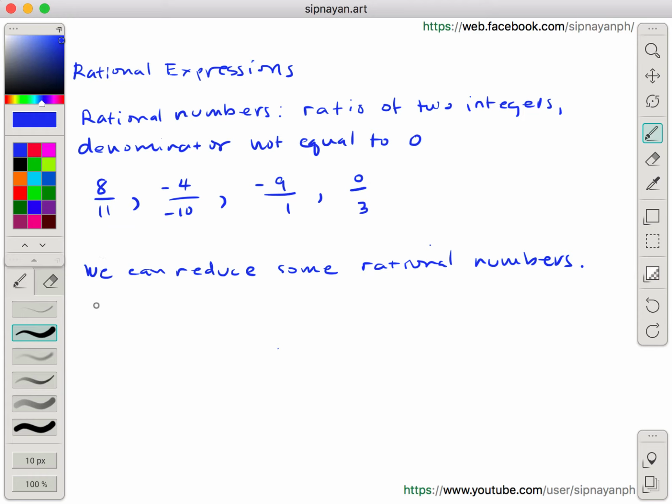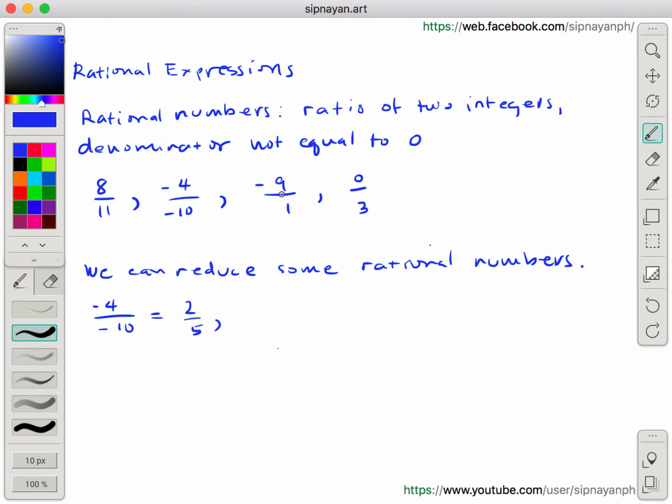So, for example, yung negative 4 over negative 10, you can reduce or simplify. Magiging 2/5 siya, di ba? Divided by negative 2, yung both the numerator and the denominator. So, negative 4 divided by negative 2 is 2. And then negative 10 divided by negative 2 is 5. So, this is just reducing to lowest terms.